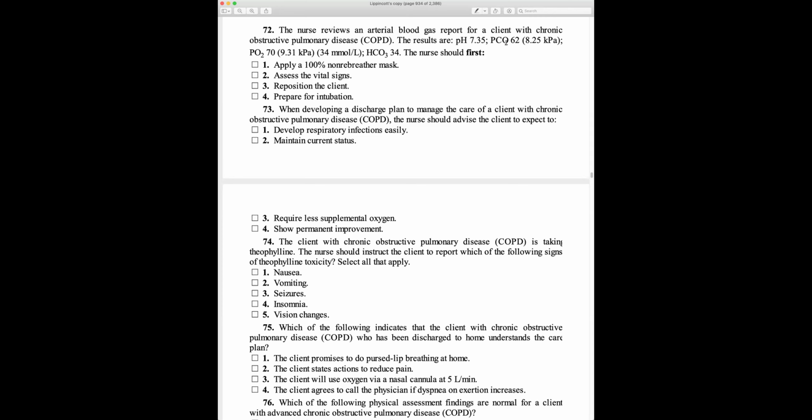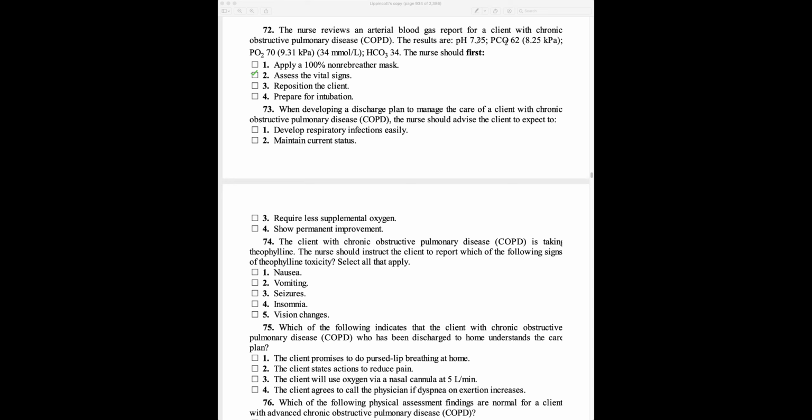Very good. The correct answer for 72 is choice 2. So assess the vital signs. Okay. So let's do the ABGs very quickly. A normal pH is 7.35 to 7.45.